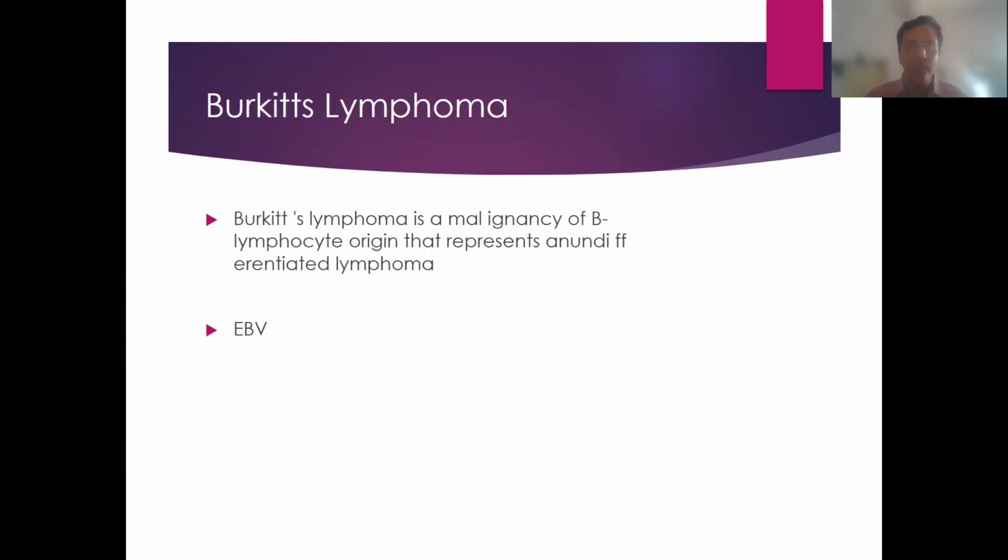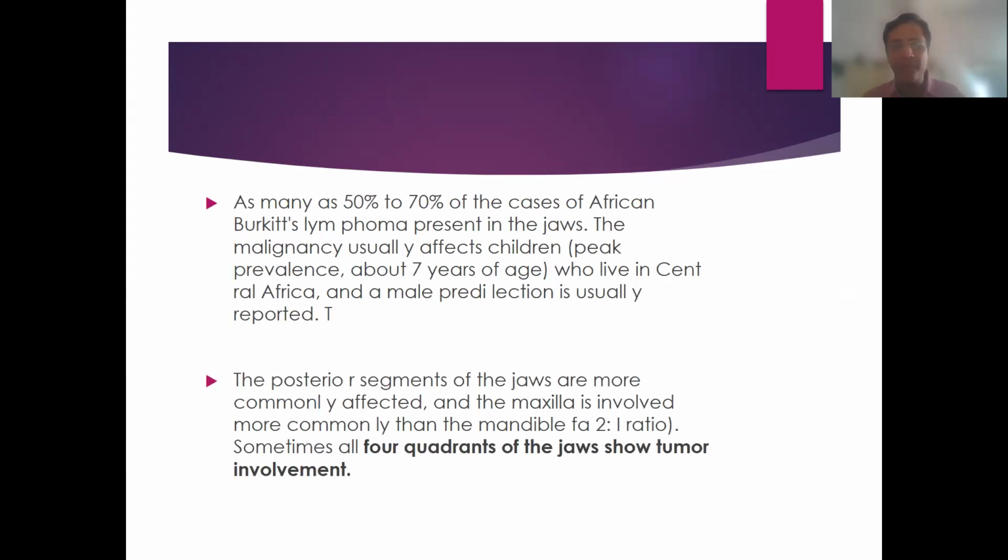Now, what is Burkitt lymphoma? It is a malignancy originating from differentiated lymphoid cells. It is associated with EBV, in about 50 to 70% of African Burkitt lymphoma cases, and usually affects children, with prevalence in Central Africa. They are mainly found at about 7 years of age, about 7 to 8 or 10 to 12 years.